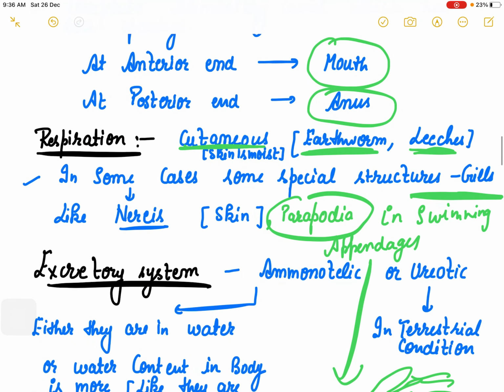So the respiration is mostly through the moist skin. You can write down moist skin by the process of diffusion.